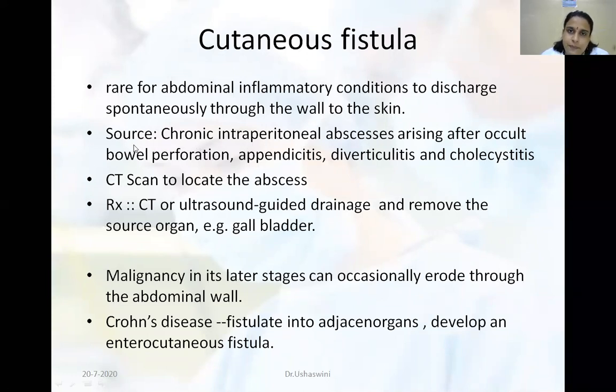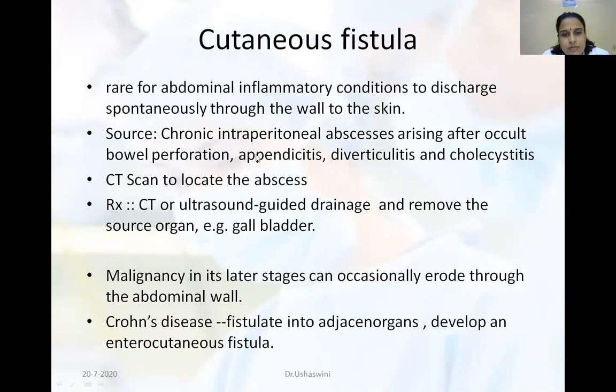So this is the source of causation of cutaneous fistula. When this fistula is communicating between the skin and the bowel beneath, it is called an enterocutaneous fistula, which is a common entity that we see after bowel surgeries, a rare complication, but always a dreaded complication.